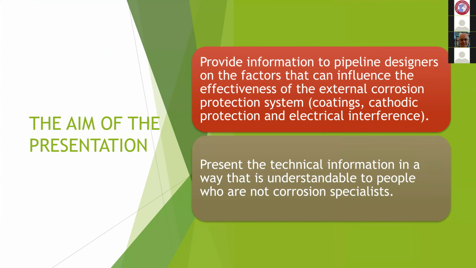So what we hope you'll get out of today is an understanding of the issues surrounding external corrosion protection. Although it's called a cathodic protection presentation, we do discuss quite a lot about coatings, because they're an integral part of the external corrosion protection system, and they have a major impact on the effectiveness of cathodic protection and on the design.